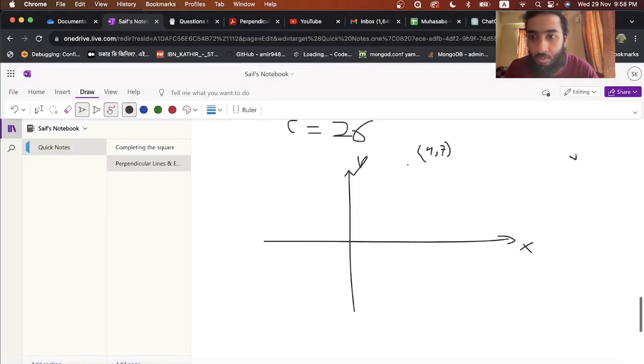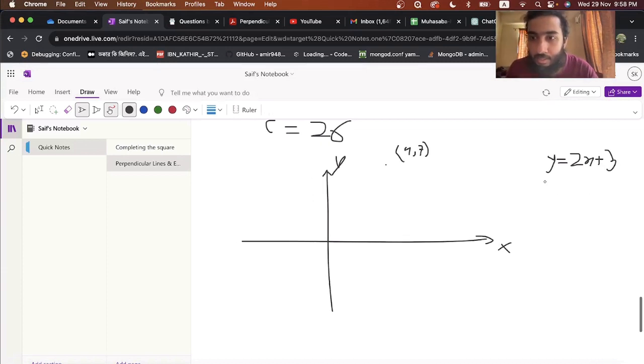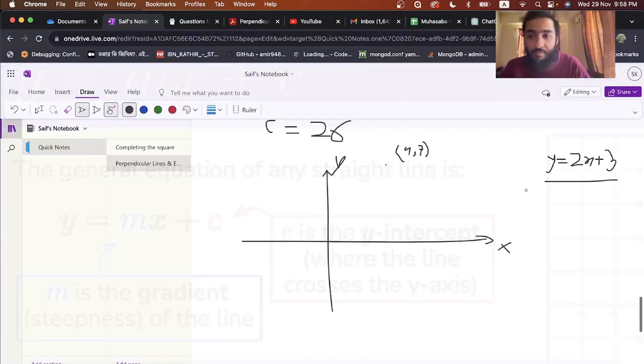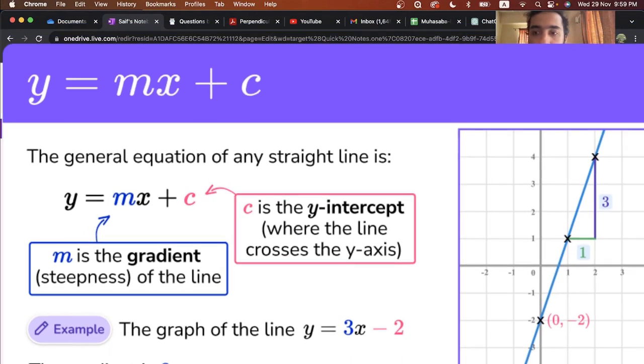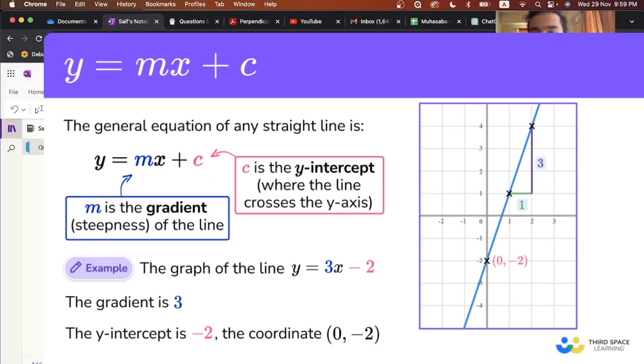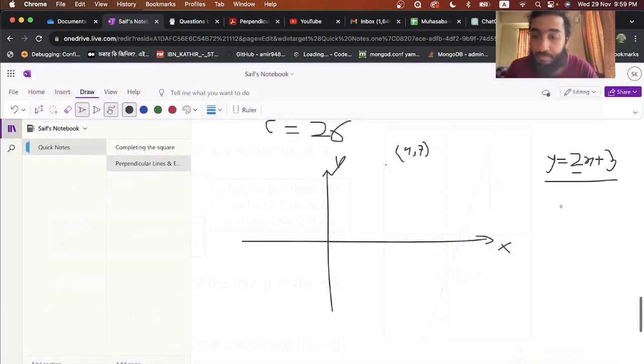So the equation y equals 2x plus 3 is perpendicular to the line L. This equation has a slope of what? 2, right? y equals mx plus c, so m is 2 here.